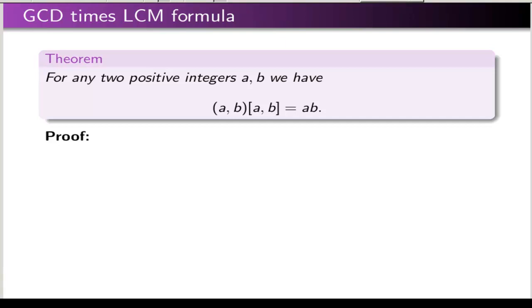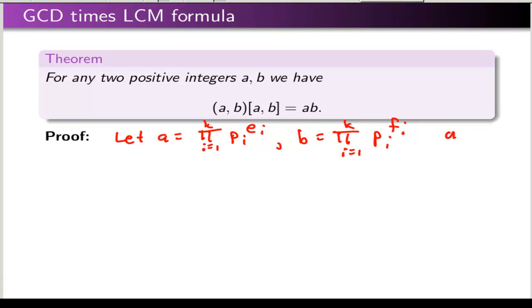Okay, so let A be the product of p_i to the e_i, B the product of p_i to the f_i, with our usual trick allowing 0 exponents if necessary.